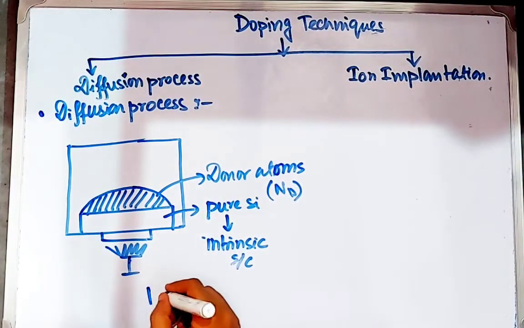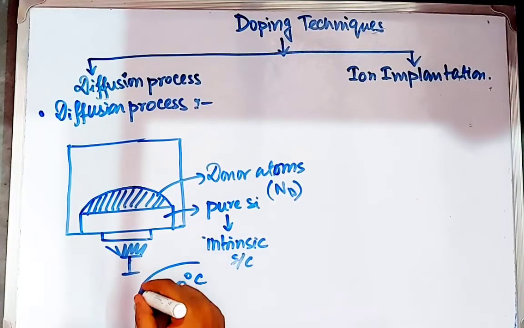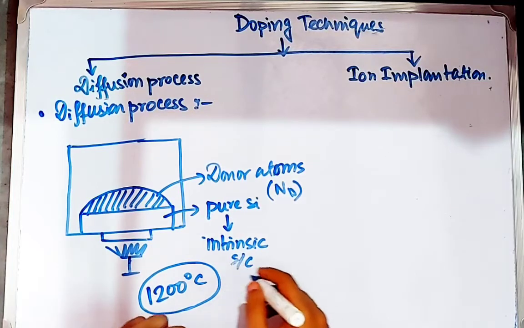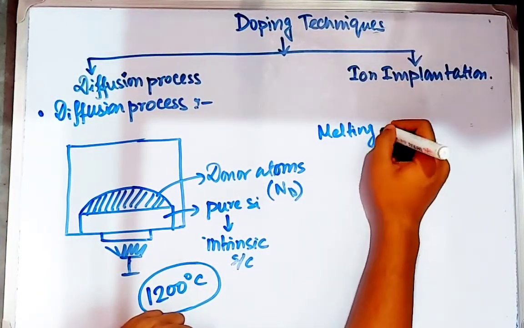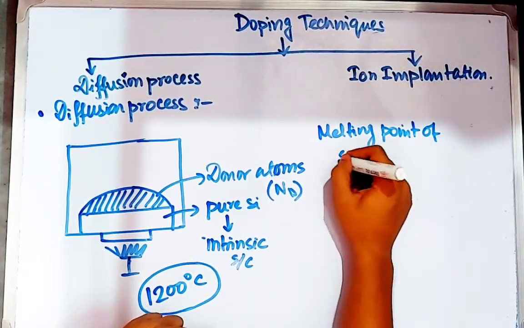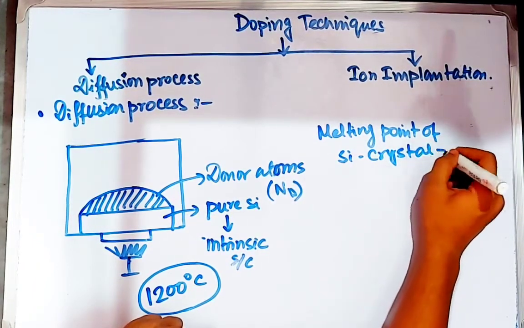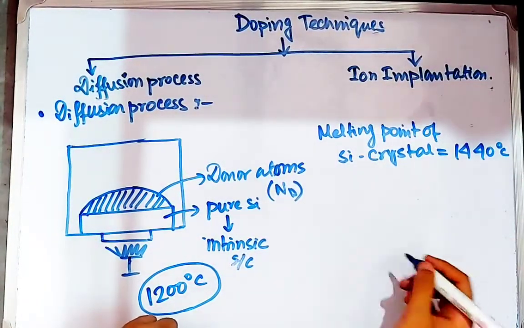And the total setup is set at a temperature of 1200 degrees centigrade. Why? Because the melting point of silicon crystal is around 1440 degrees Celsius.